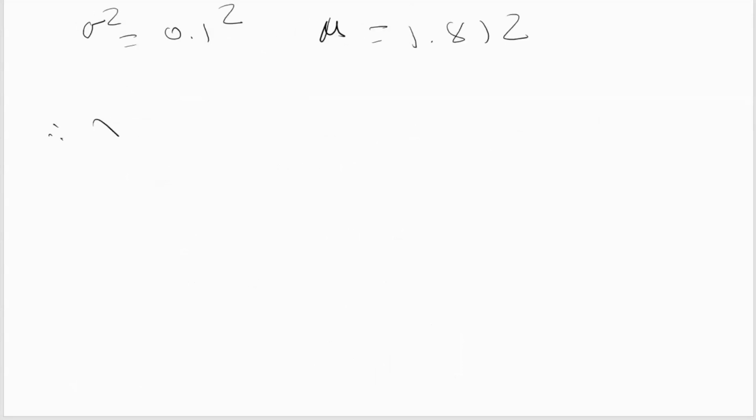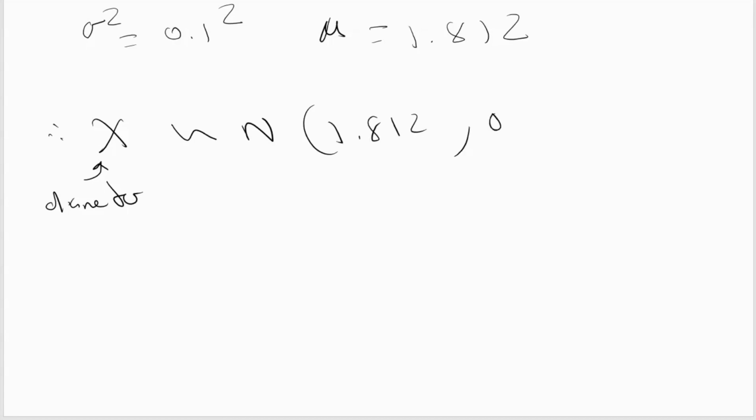Therefore, our x, which is the diameter, follows a normal distribution with 1.812 and 0.1 squared. So that's our solution right here.